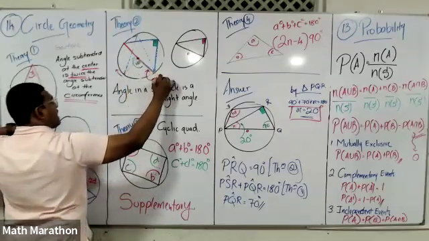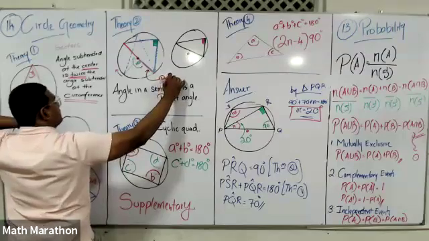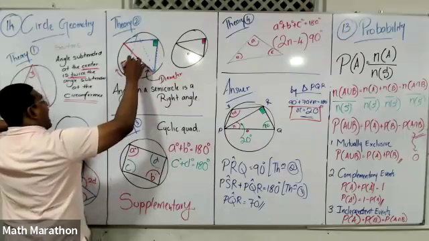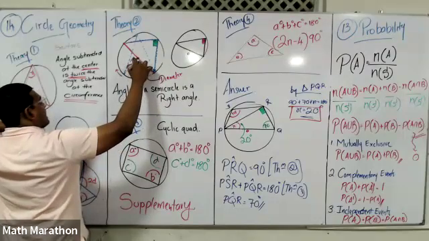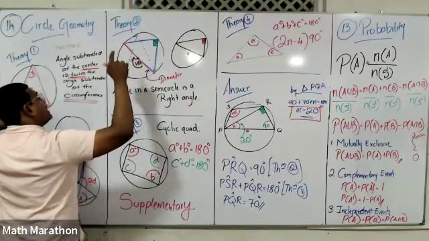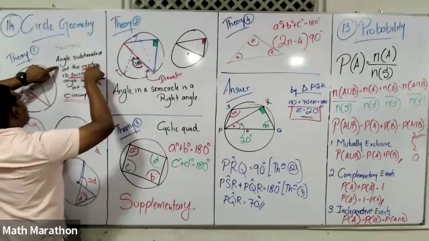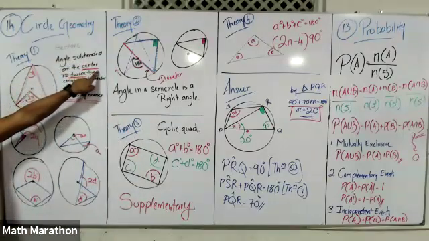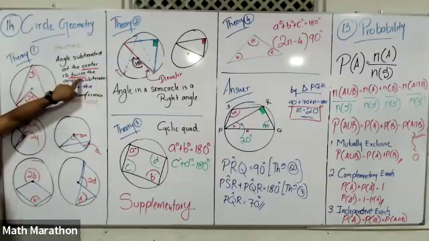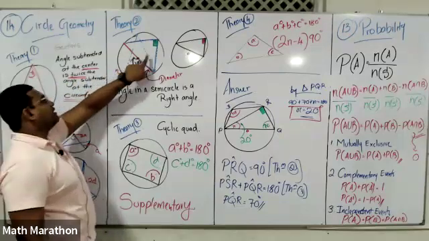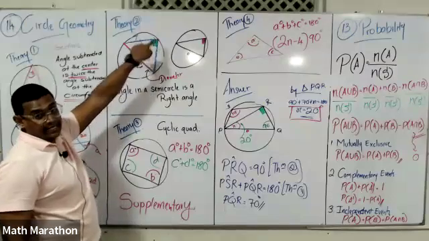Then this straight line becomes the diameter. If that becomes the diameter, the angle at the center is 180 degrees. If that is 180, what did our theory say? Angle subtended at the center is double the angle at the circumference. If this is 180, then this is half of it, 90.